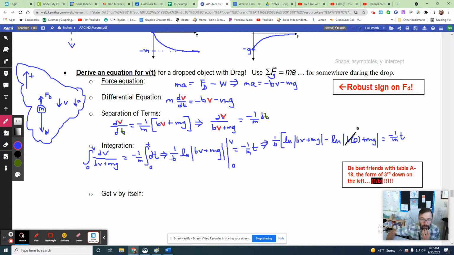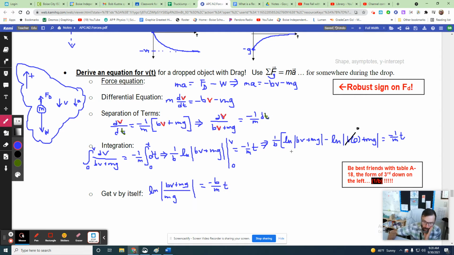When I run my limits of 0 and v through this, I just bring that 1 over b out in front, and then I run my limits through this. v turns into v, and then my lower limit, that v turns into a 0, and 0 times anything is 0.